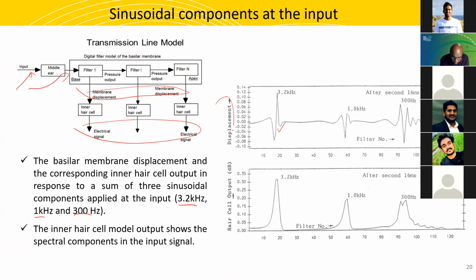This is the displacement, and this is the filter numbers. Our hair cell model picks up the vibration. The hair cell model basically removes this part, this part, this part, because it's a half-wave rectification with charging and discharging. So it'll just take the envelope roughly.